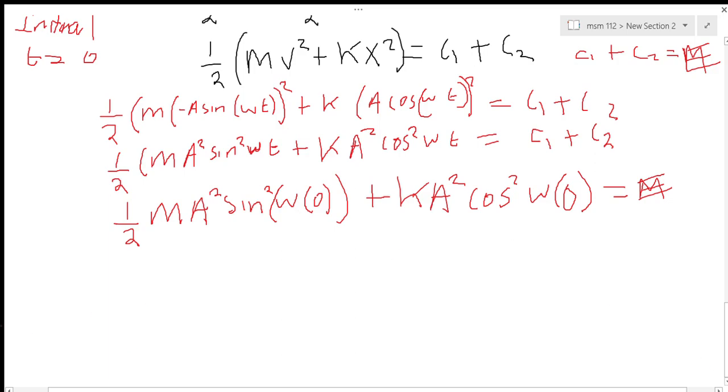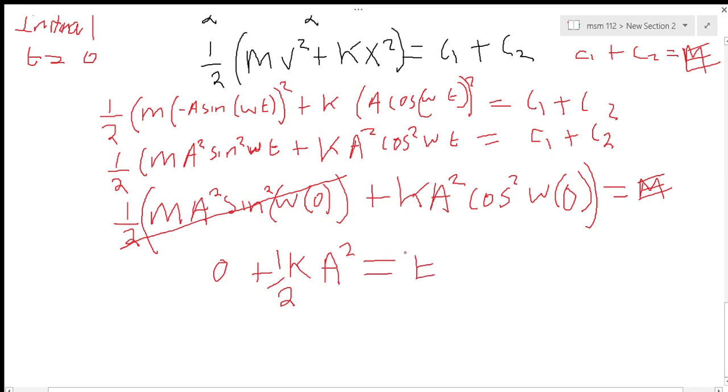Okay, so going forward, sine of 0 is equal to 0. 0 times this, so this part will be cancelled. It will be equal to 0 plus cos 0 is equal to 1. So we've got the half there because it was distributed evenly, like this. Half ka squared is equal to E, like this.